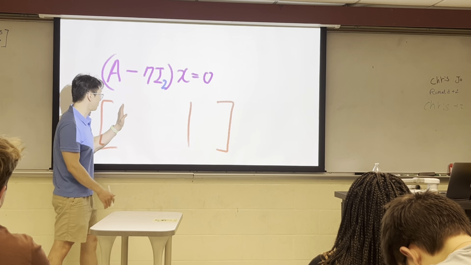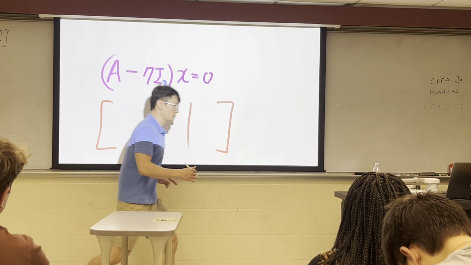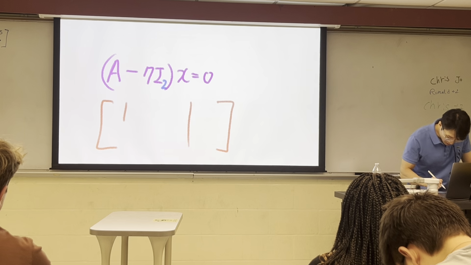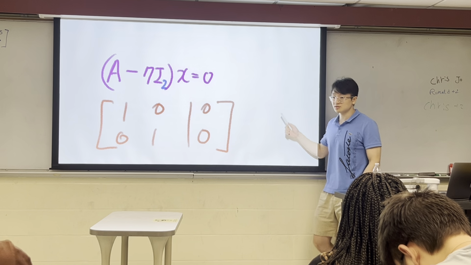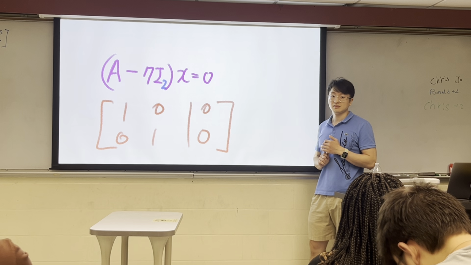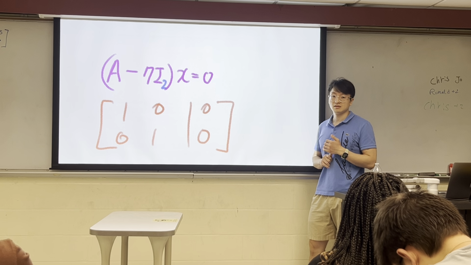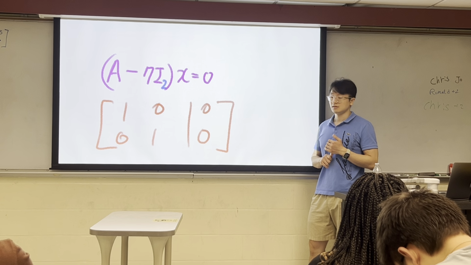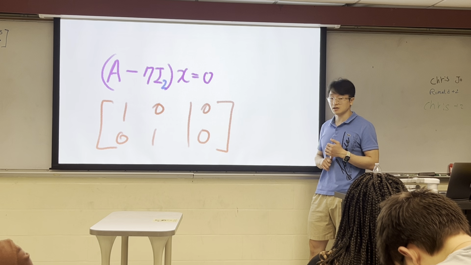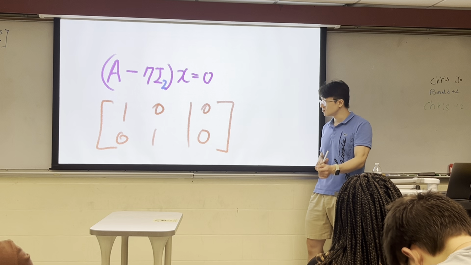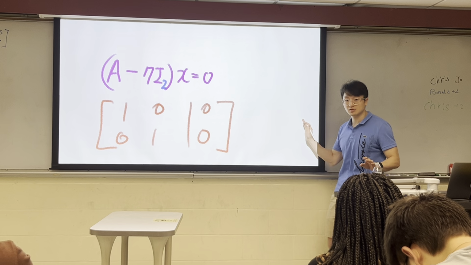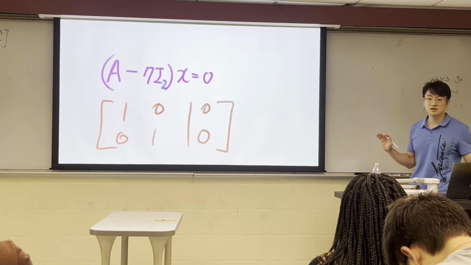Let's say I have 1, 1, 0, 0, 1, 0, 0, 1, 0, 0. What is the solution? Yeah, 0, 0. That is trivial. That is, you don't have an eigenvector.